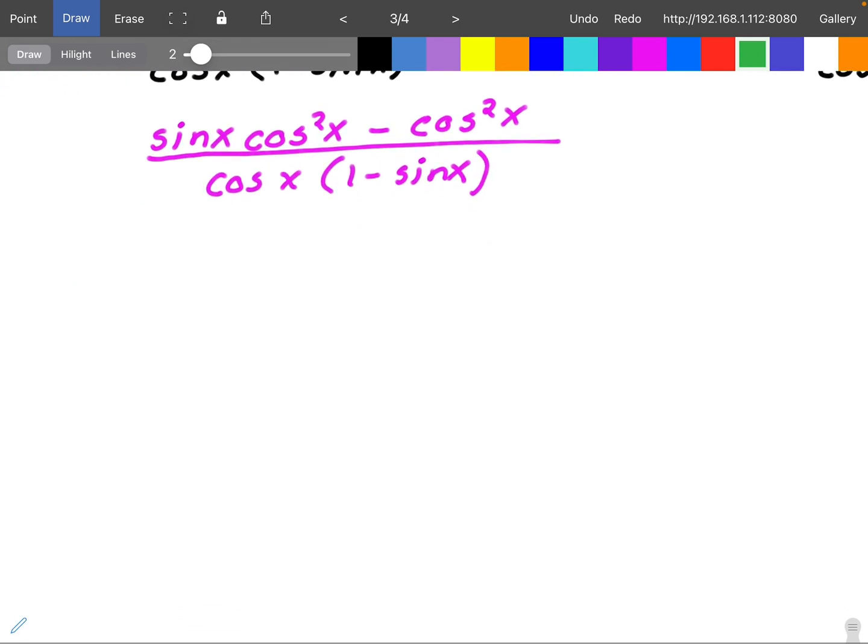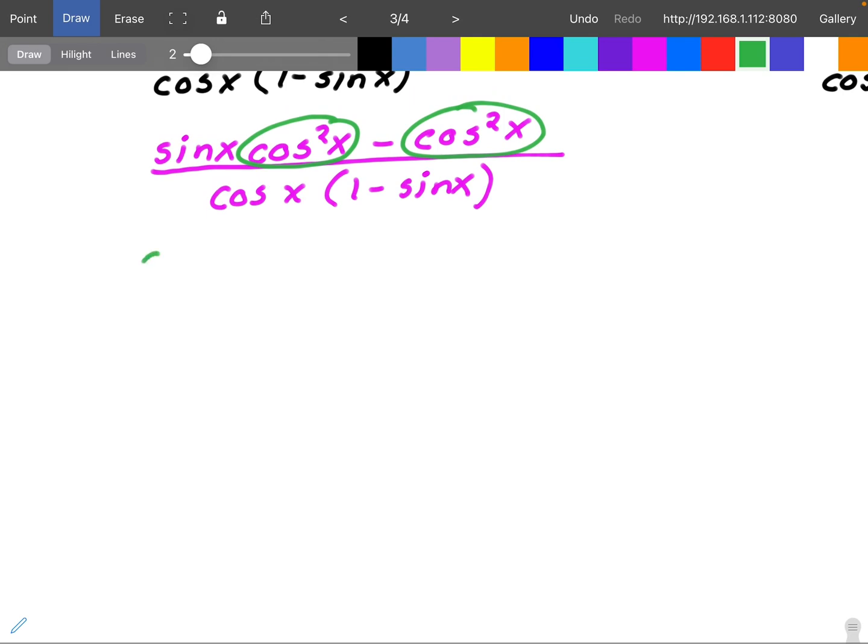However, if we look at this fraction we have here, I notice that in the numerator, both of these terms have cosine squared x, which means I could factor cosine squared x out of that. So if I factor cosine squared x out of that binomial, then in parentheses, I would have left from here, sine x.